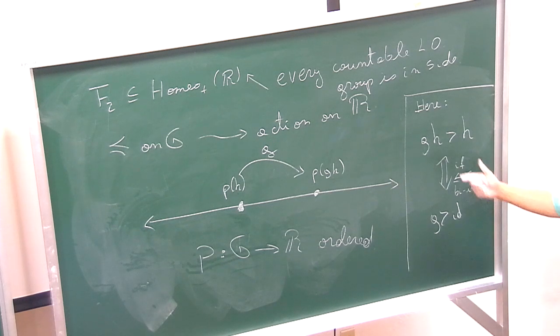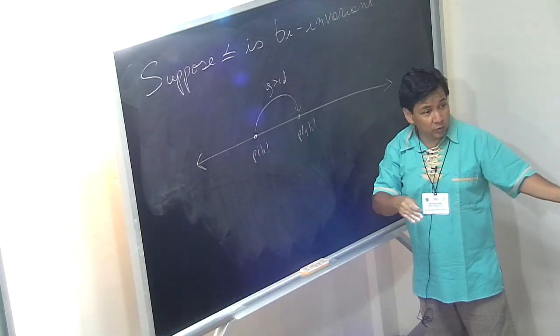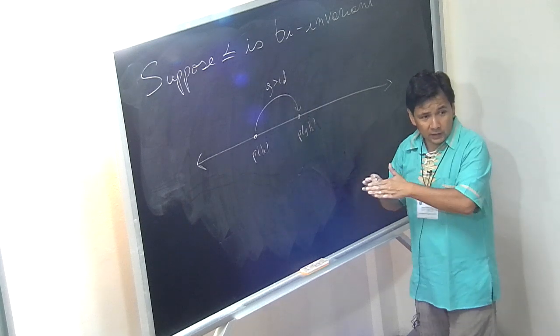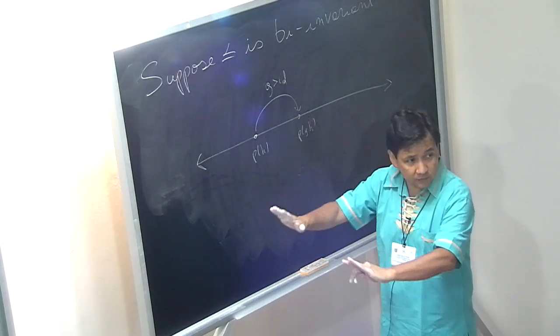And this is independent of h. So this means that when you have a bi-invariant order and you take any h, an element which is positive will move this h to the right. Any point of this kind will be moved to the right by a positive element. And similarly, if you have a negative element, every point of this kind will be moved to the left.